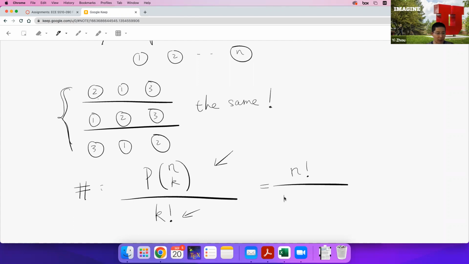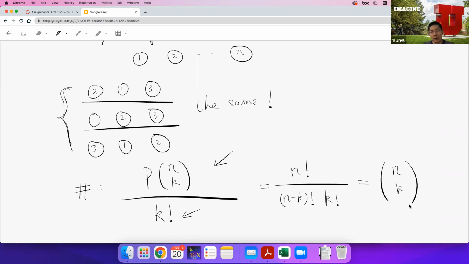And it is given by P(N, K), and we're going to divide it by K factorial. So we call this C(N, K). This is the notation for this one, without permutation.